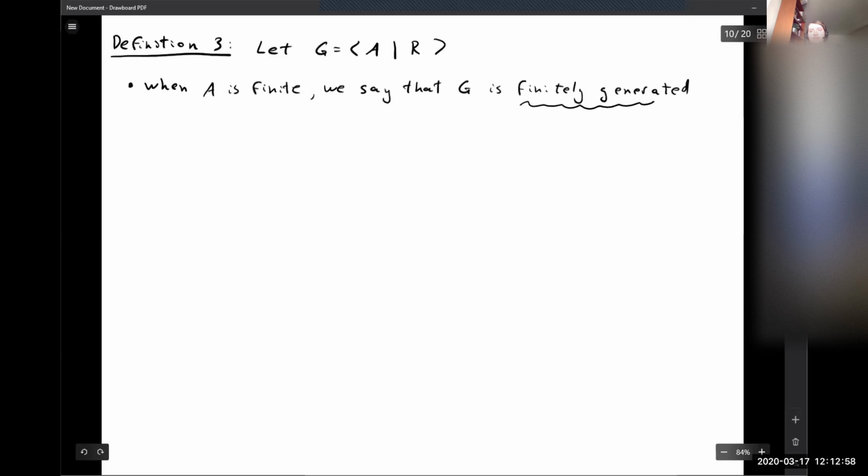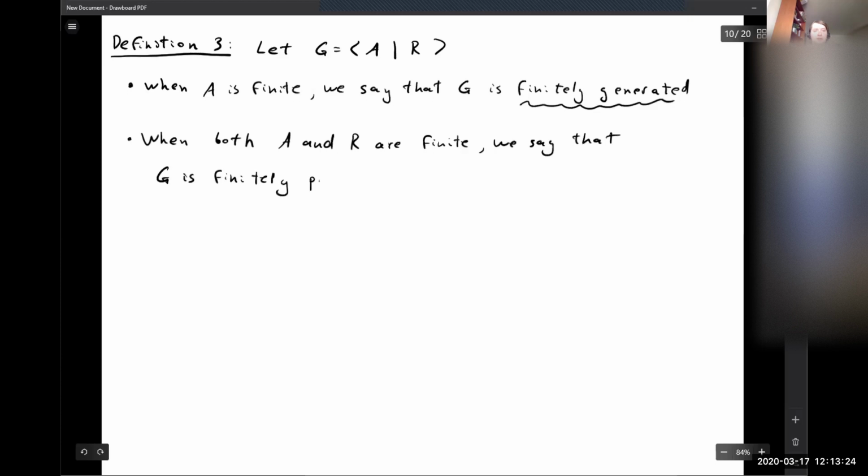When both A and R are finite, we say that G is finitely presented.